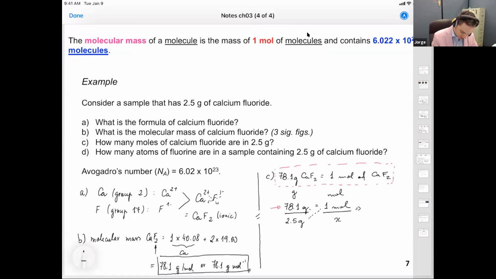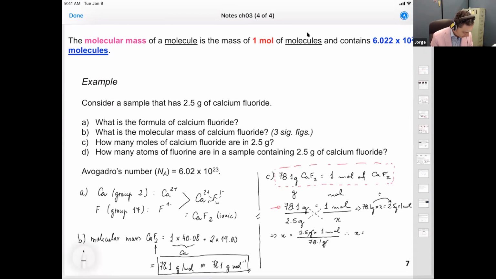To solve that, simple cross multiplication, 78.1 grams times x equals 2.5 grams times 1 mole. We need to isolate x, therefore 78.1 is going to move to the other side, doing the opposite operation. 2.5 grams times 1 mole divided by 78.1 grams. Grams you cut with grams.